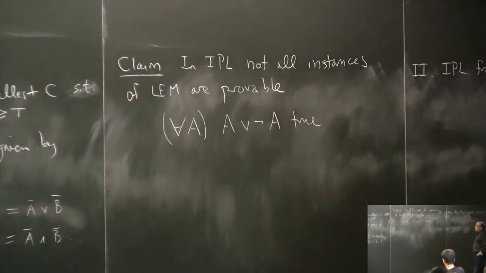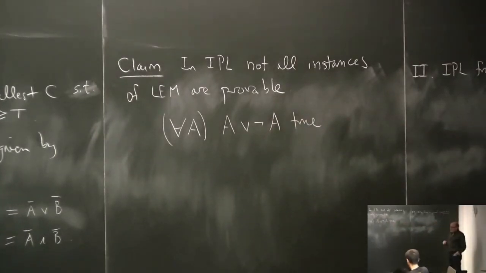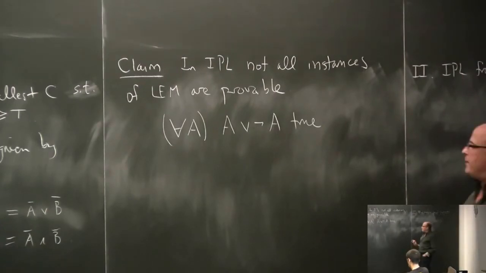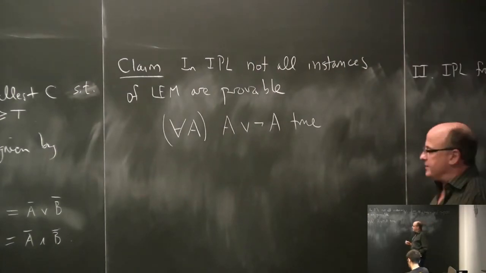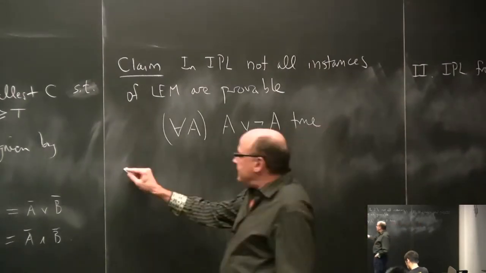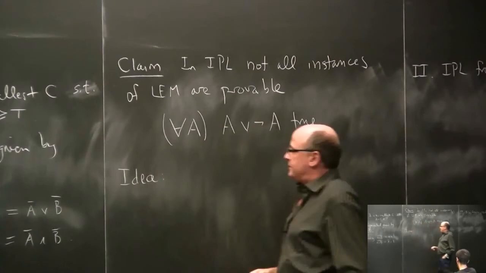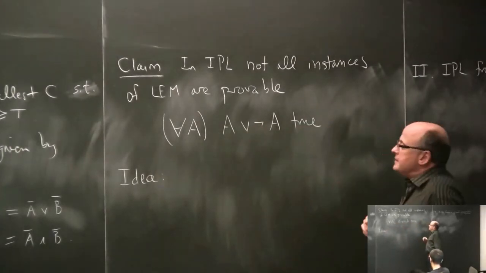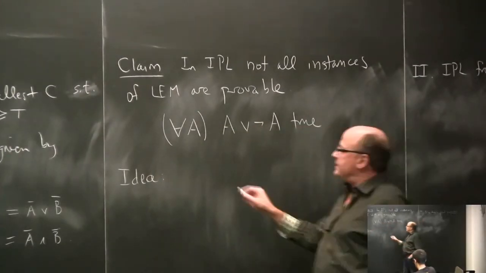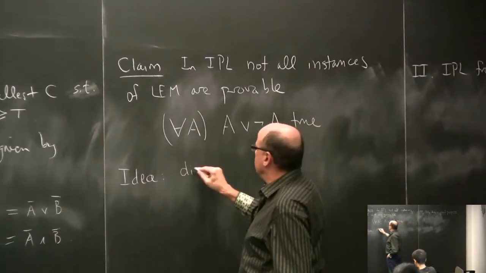Now what I'm going to do is develop the intuition a little bit more. Why do you not expect that to be the case? The idea of why you should expect that not to be the case, it's not a proof, is via what is called the disjunction property.